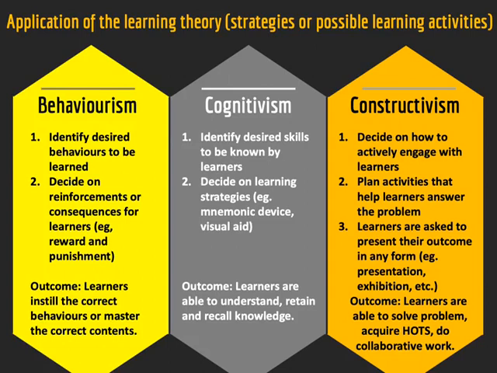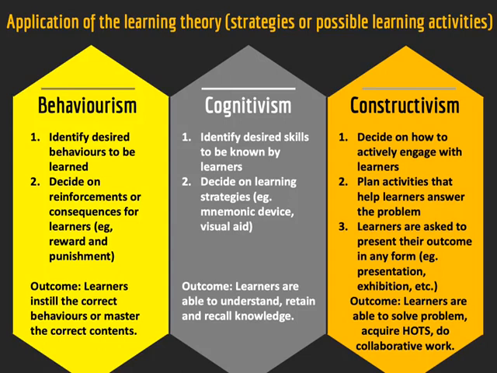For cognitivism, first, you can identify desired skills to be known by learners, followed by deciding on learning strategies, for example, using mnemonic devices, visual aids, concept mapping, or advanced organizers. As the outcome, learners are able to understand, retain, and recall that knowledge.